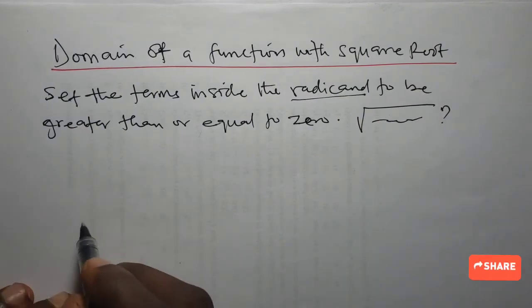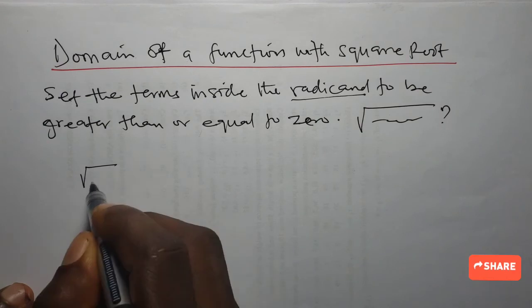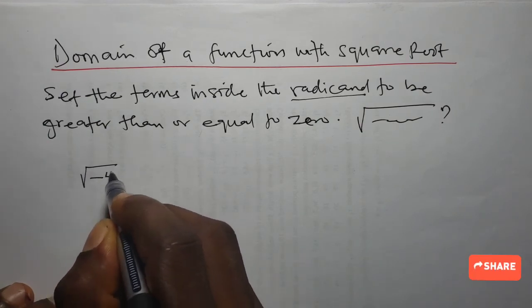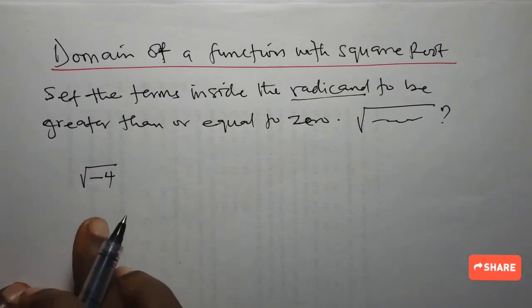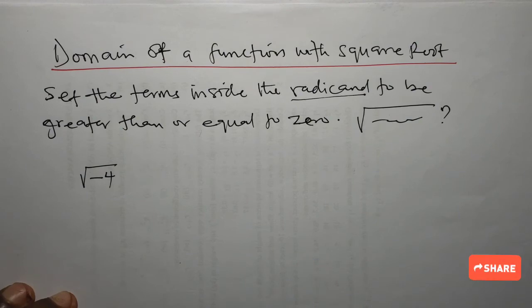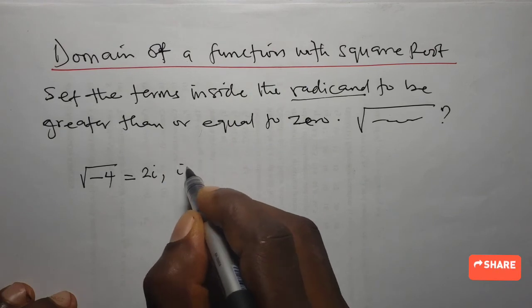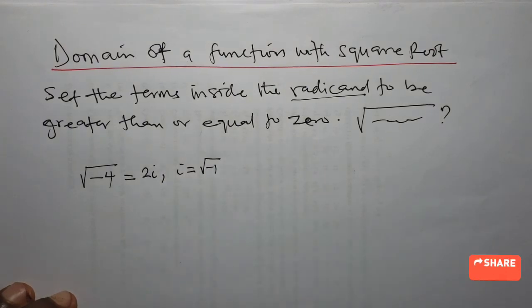If we have, for example, the square root of -4, what would this value be? If you're familiar with complex numbers, the square root of -4 will be 2i, where i is nothing but the square root of -1. But what do we observe?